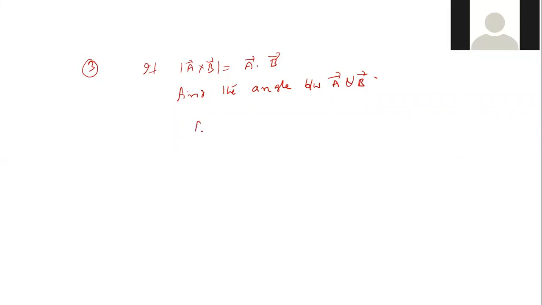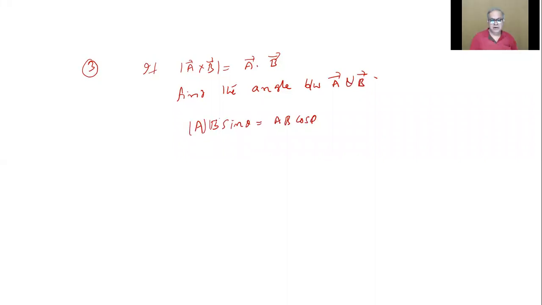Mod of A cross B is AB sine theta, equal to AB cos theta. So mod A mod B sine theta is mod A mod B cos theta. So what do I get? 45.